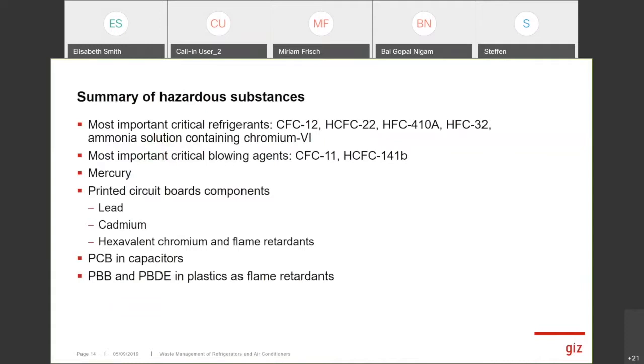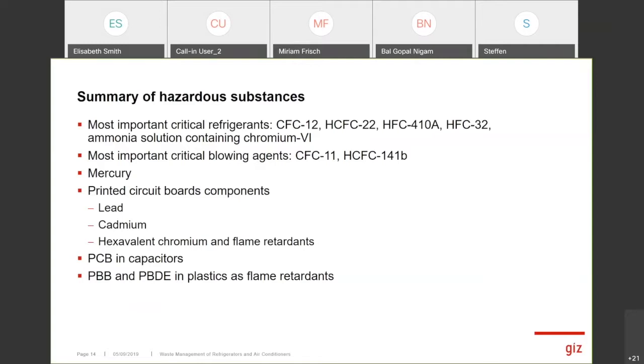Well, the summary of hazardous substances is, as I already mentioned, and I hope that I did not forget something. The most important critical refrigerants are R12, R22, R410A, and R32, and ammonia solution containing chromium-6. The most important critical blowing agents are CFC11 and HCFC 141B.